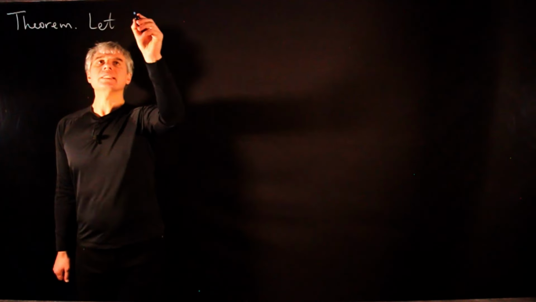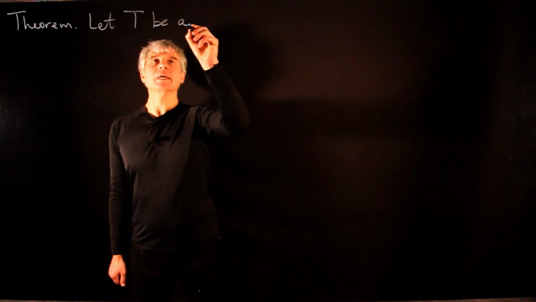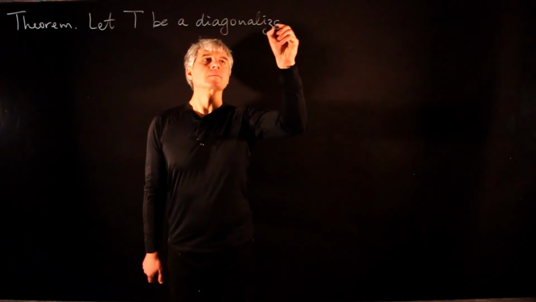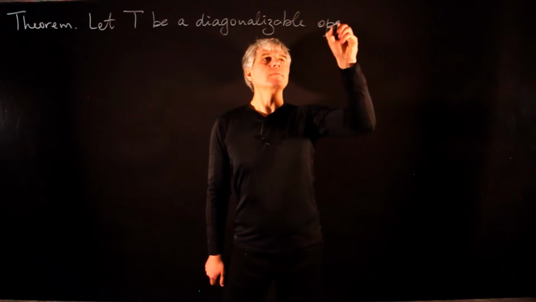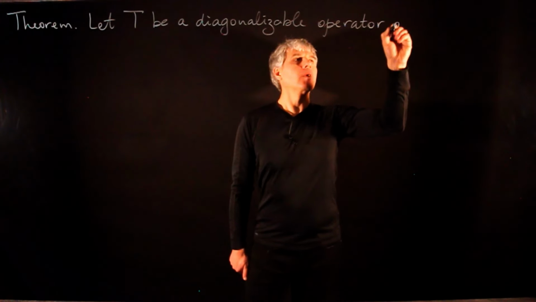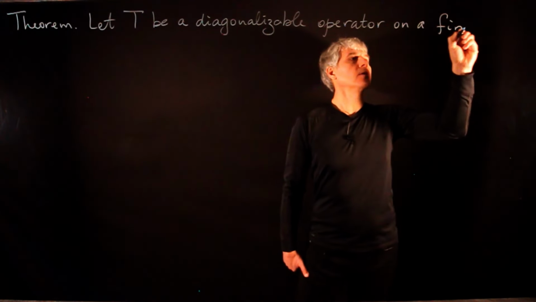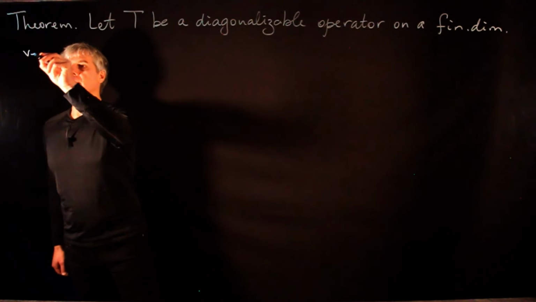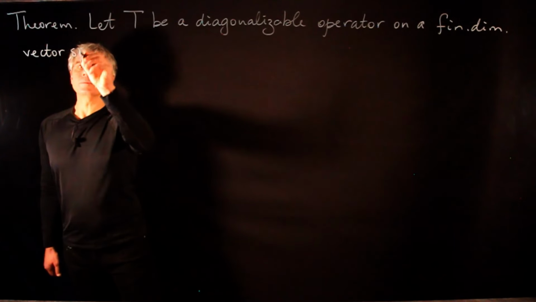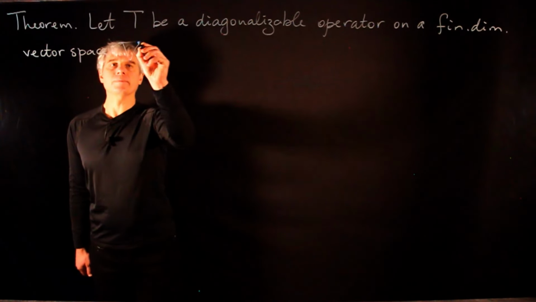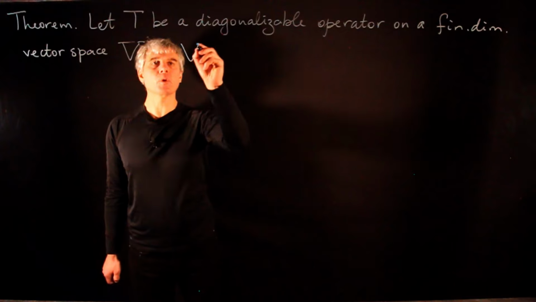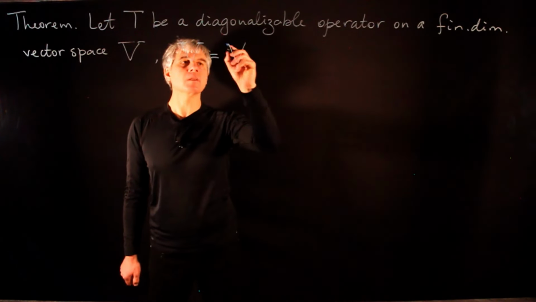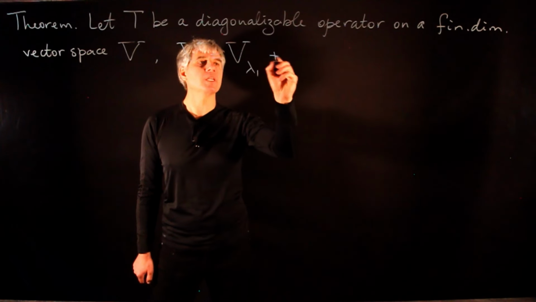Let T be a diagonalizable operator on a finite dimensional vector space V. And we know that for a diagonalizable operator, the vector space decomposes in the direct sum of eigenspaces.